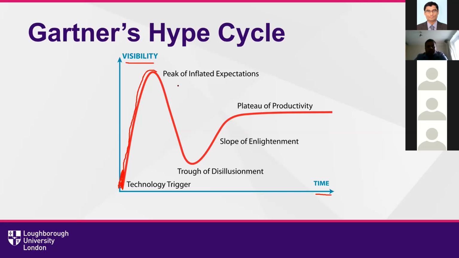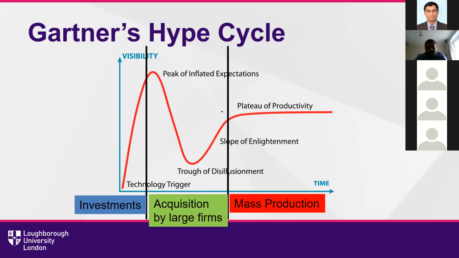If the technology is very powerful and successful, it will climb the hype cycle and reach a peak. Then some technologies go down, because this is where people start to build applications around the technology.